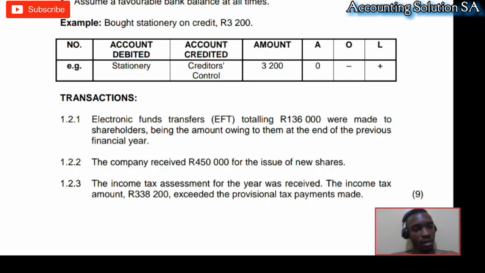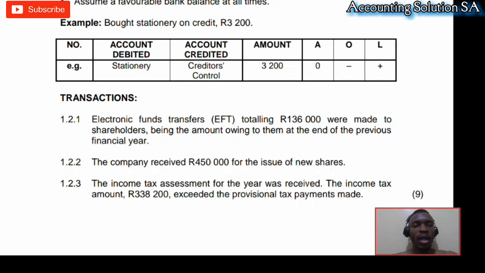When we talk about elements, for example, under assets, we have non-current assets, under which we have PPE items like vehicle, land and building, and so on. Those are the components. You must be able to pick two components. Why two components? Because one must be debited and one must be credited.